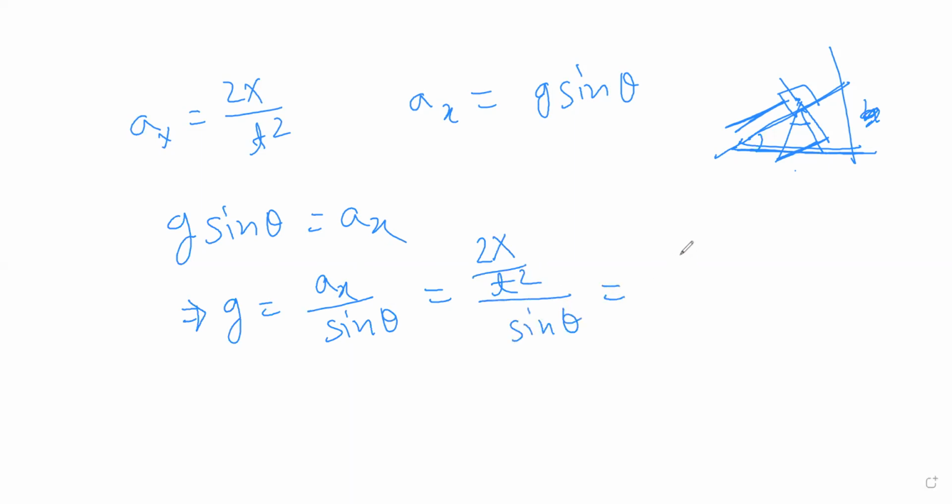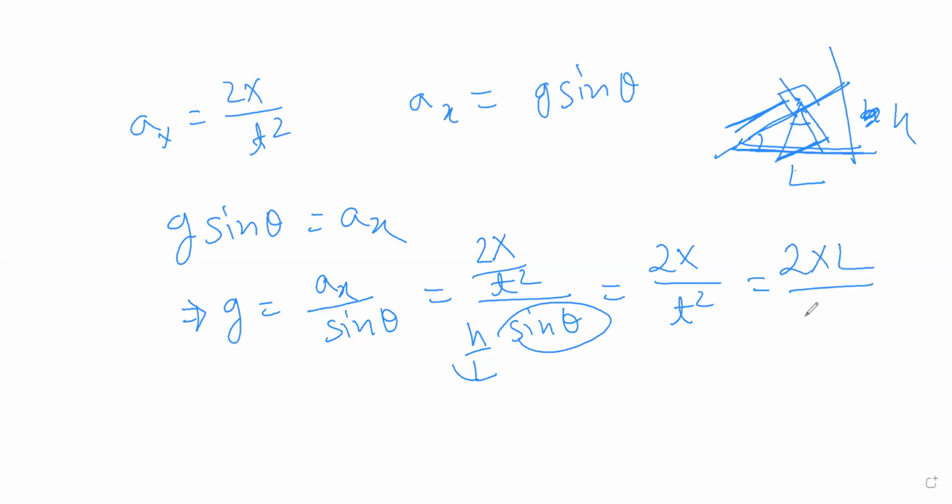So this sine theta we can write as h. If this is h and this is length L, we can write h over L. So 2x over t square times h over L. If this sine theta is replaced by h over L, then L goes upstairs, so upper side 2xL and h t square.